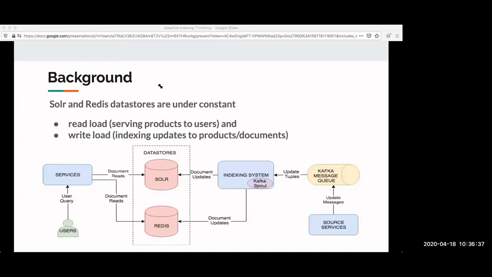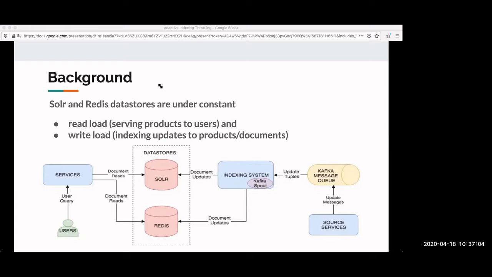If you look in the center, we have two data stores: Solr and Redis. I'm not sure if people here are aware of Solr because it's not that popular, but I am sure people are aware of Elasticsearch, and it's very similar. You can think of it like this: there's a Lucene library in Java which creates search indexes, and then you can do searching on that.